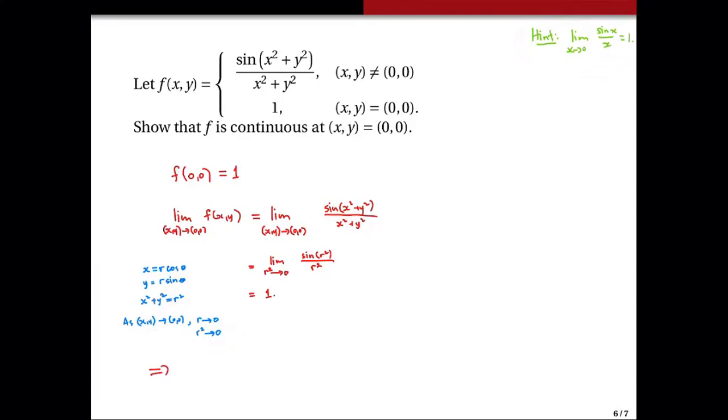So this means that f of (0, 0) is also equal to the limit of f of (x, y) as (x, y) goes to (0, 0). Therefore, f is continuous at (0, 0). Any questions?